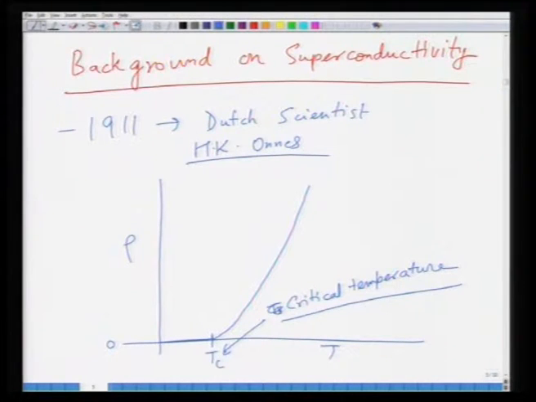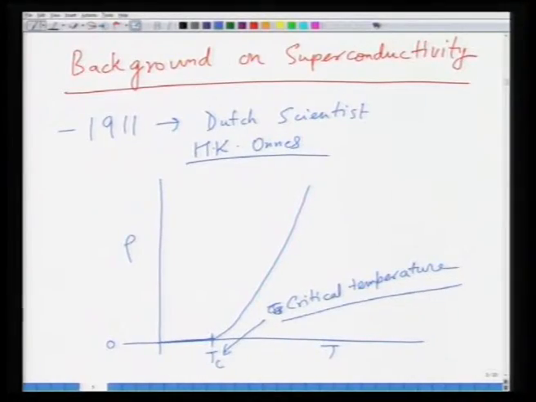So essentially there is a drop of the electrical resistance of the material to 0 ohms below a particular temperature, which is called TC, or critical temperature.